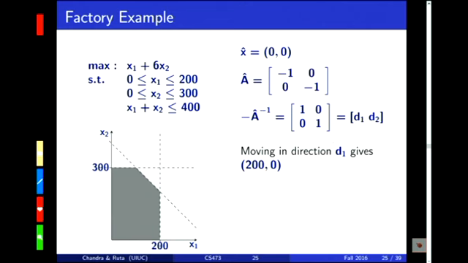Okay, so now if I move in the D1 direction, where do I go? So this is D1, 1, 0. This is D2. I go here, right? This is the D1 direction. From here, I go towards increasing x1. Right? So I hit 200, 0. If I move in this direction, then I am increasing the second coordinate, so I'll be hitting 0, 300.